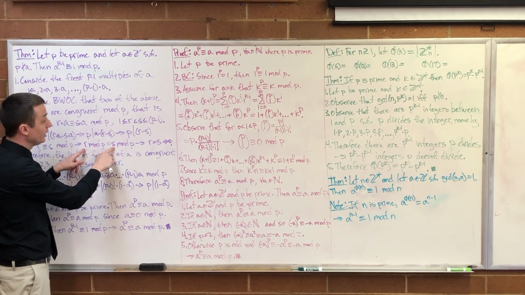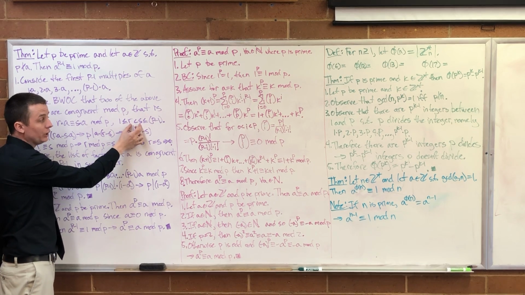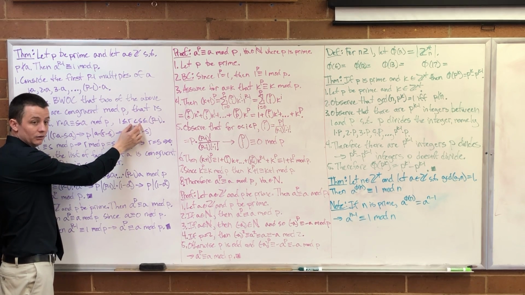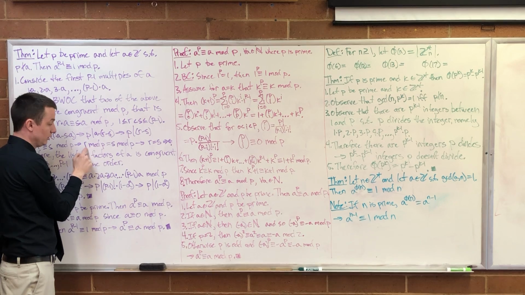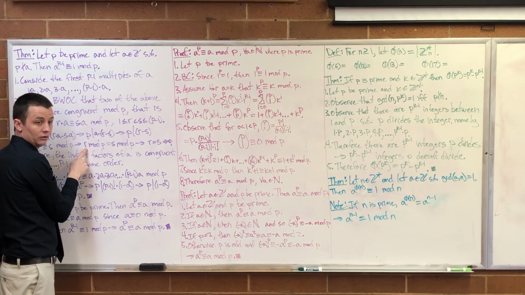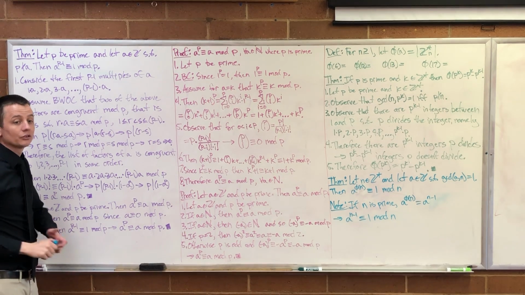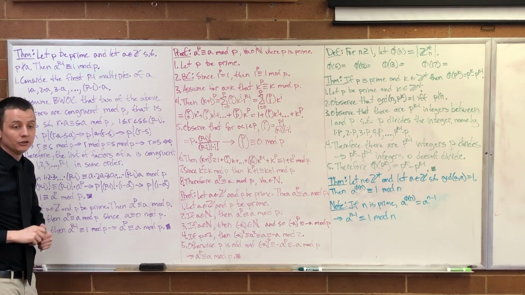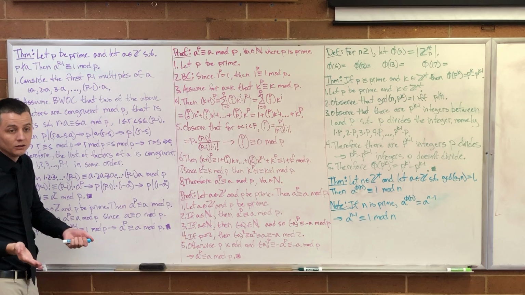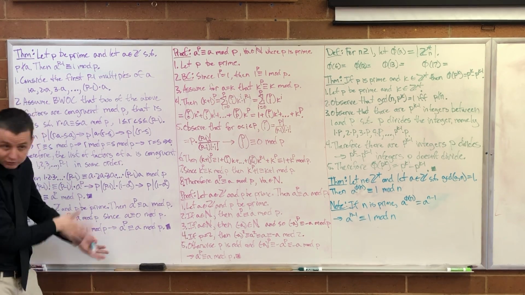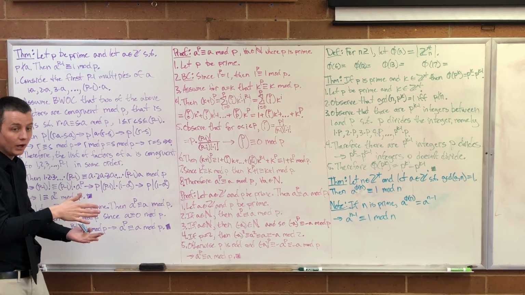But notice that R and S are numbers between 1 and P. So what is R mod P? It'd be R. It's just R. If I say, what's the remainder of 9 when I divide it by 52, what is it? 9. It's just 9, because that's a number smaller than 52. 52 doesn't even go into it once.